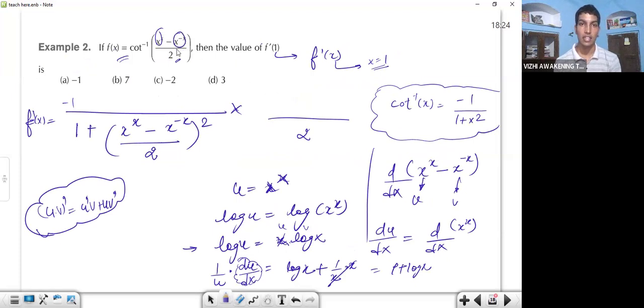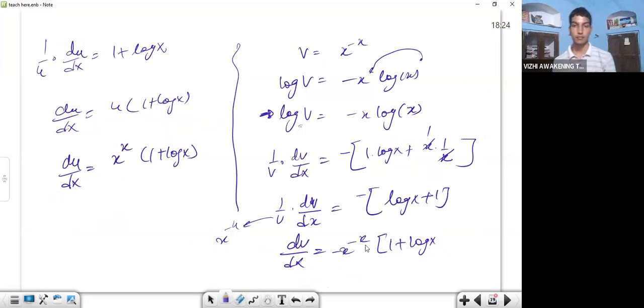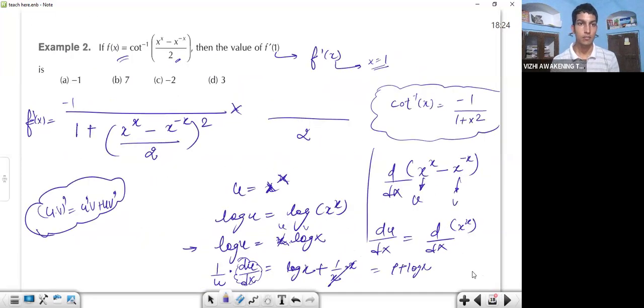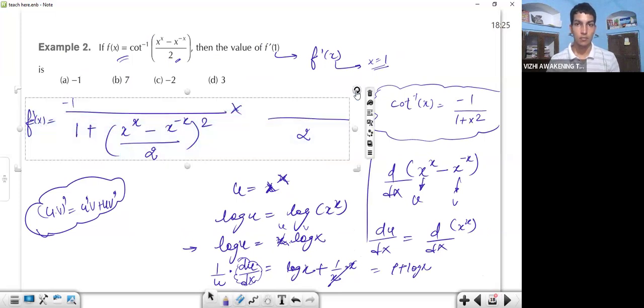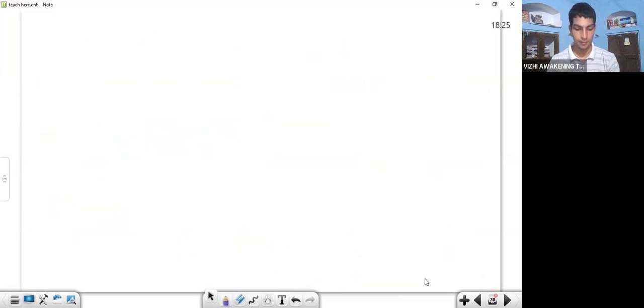So now we can write their derivatives here with the minus sign. Okay, so let's do that. Bring this ahead.